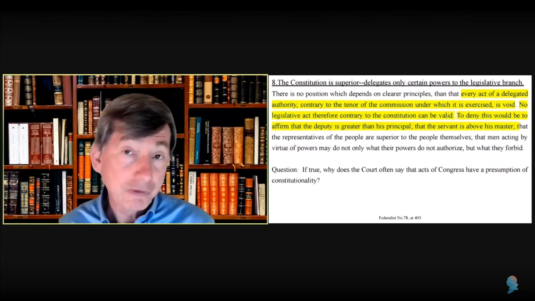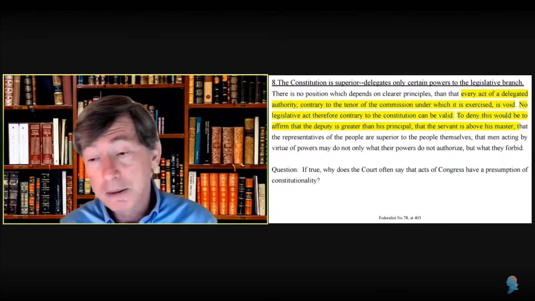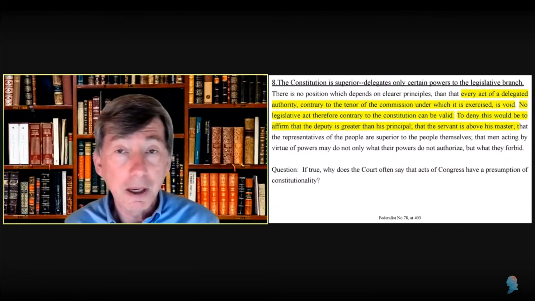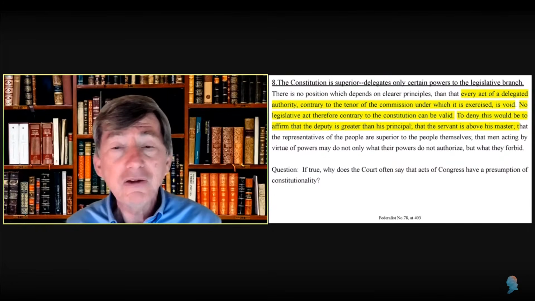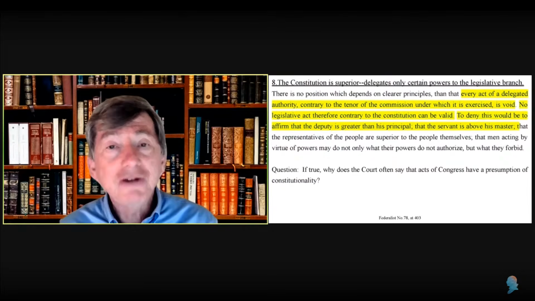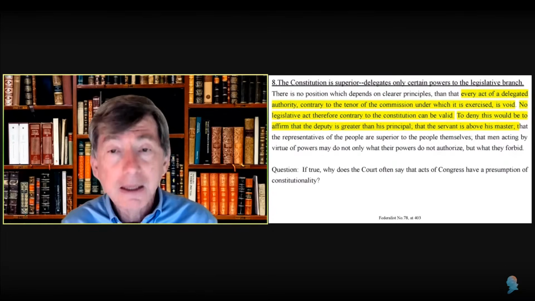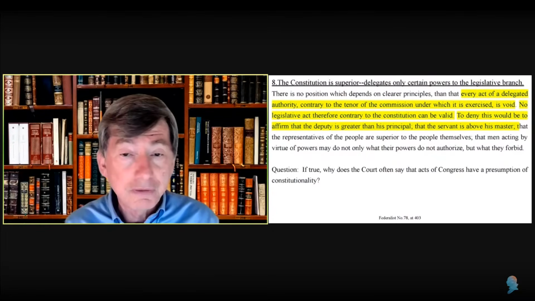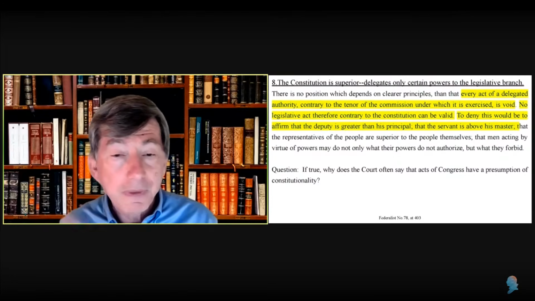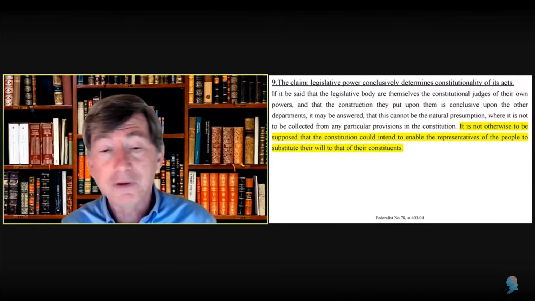This argument seems to have been lost by many in our country, but in particular, Professor Randy Barnett, my good friend, he's made this very notion about the agent relationship very clear in his work. And this is a concept that we have to bring back. They are our servants.